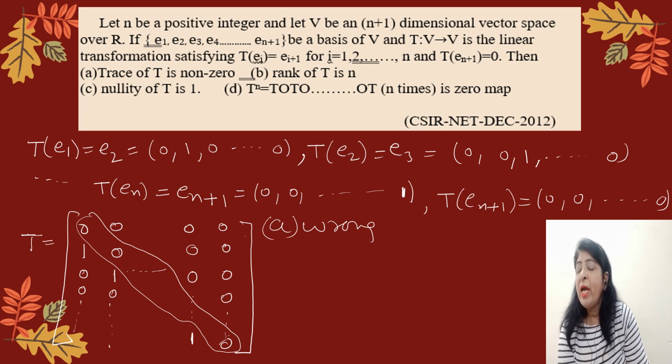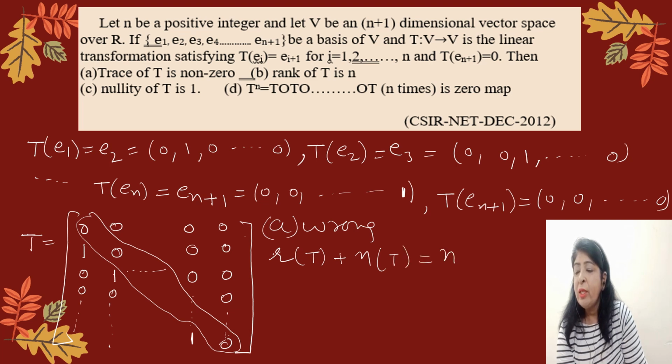Next you have rank of T is n. Here we will use the rank nullity theorem. So rank of T plus nullity of T is equal to the dimension, and the order of the matrix is n plus 1.